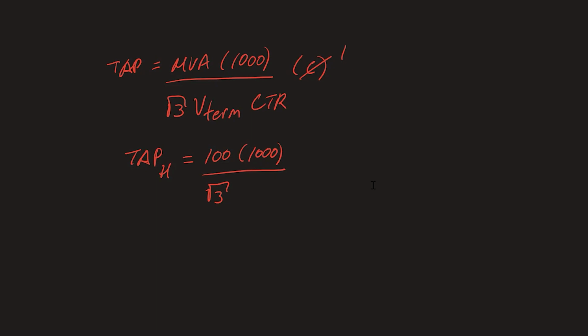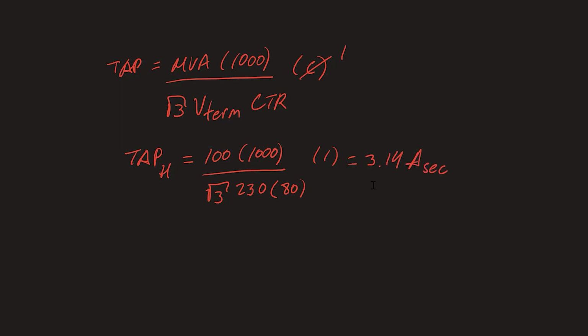In this case, it is 230 kV, and this, by the way, is the phase-to-phase voltage, times the CT ratio for that winding, which in this case is 400 to 5 for the high side winding, which again is 80 to 1. So our CT ratio is simply 80, and again times 1 over here for the constant for the connection type of the CT. So if we calculate this, we get that this is equal to 3.14 amps, and this of course is going to be amps secondary.